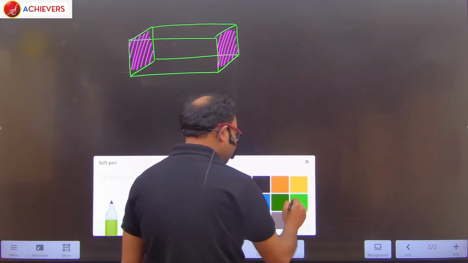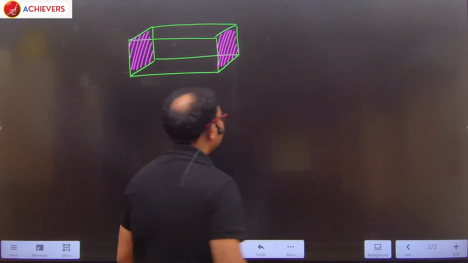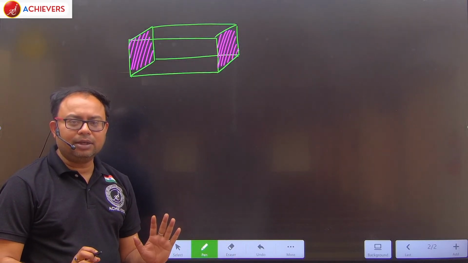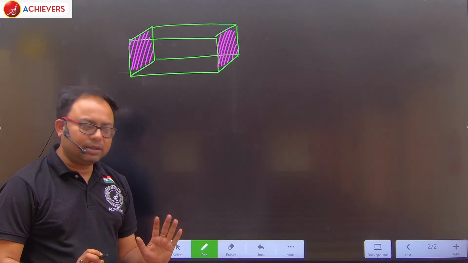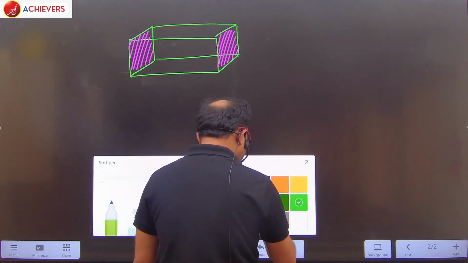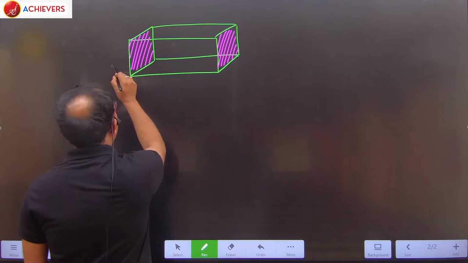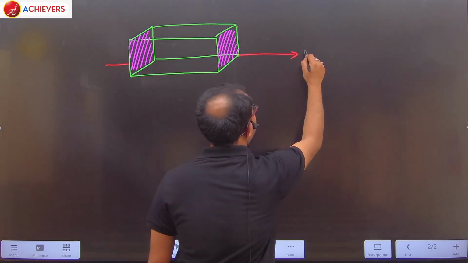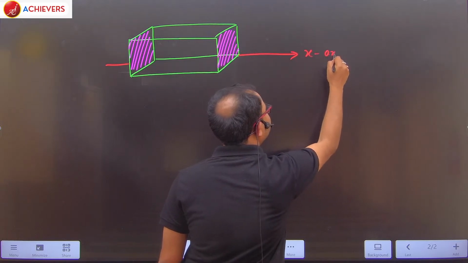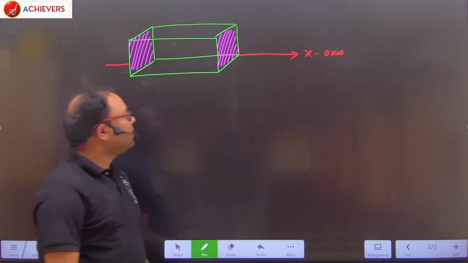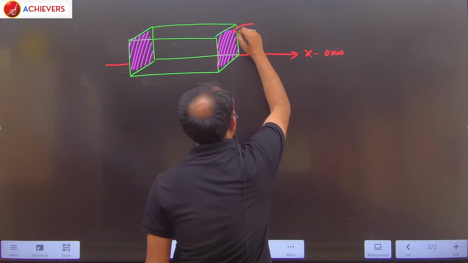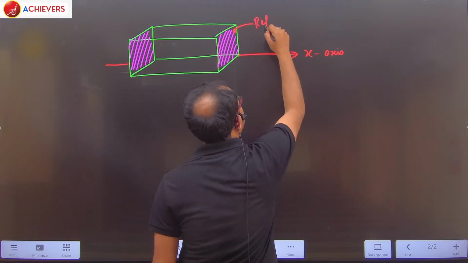These two walls are to be considered. Now, let us consider this axis to be x-axis. And let us consider this wall to be the reference wall.